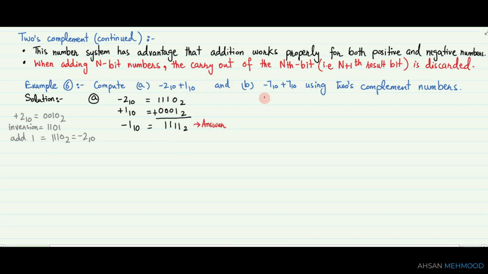Now in part B, we will add decimal number minus 7 base 10 to positive decimal number 7 base 10 using 2's complement numbers.